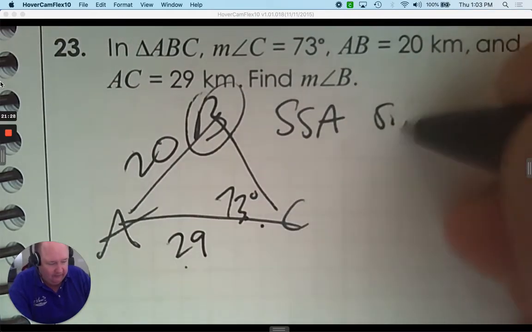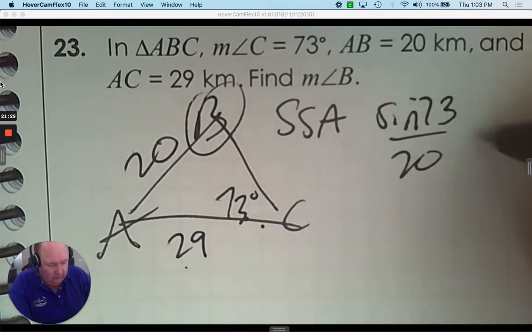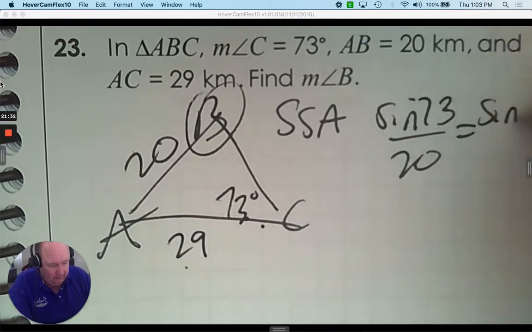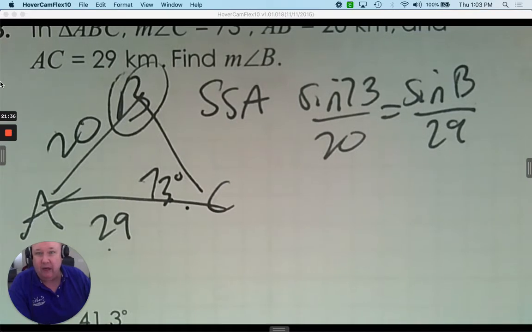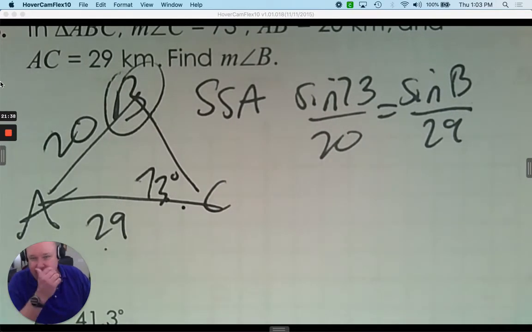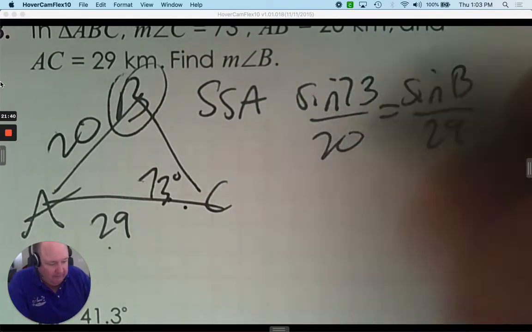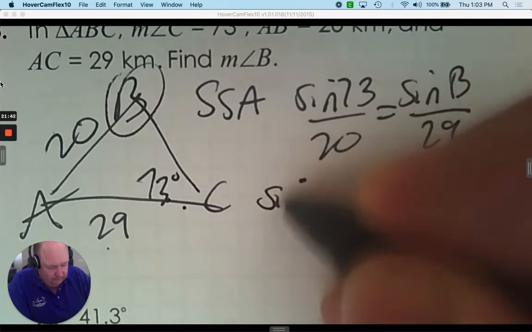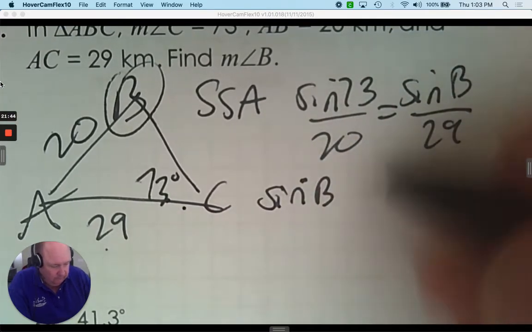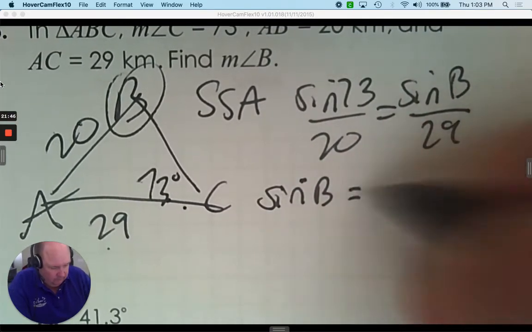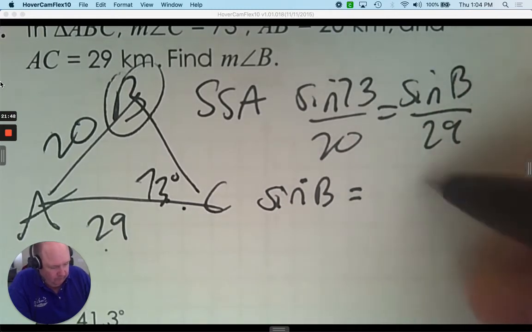So that's sine 73 over 20, and what I'm looking for, sine B over 29. So I set up that ratio with the opposite angle and its opposite side. To get B by itself, we're going to cross multiply.